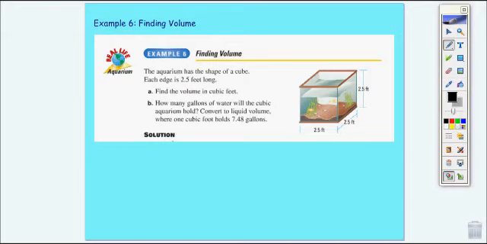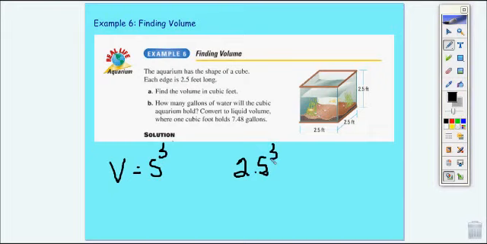We would cube the side. What they're telling us here is that volume equals the side cubed. Each side is 2.5, so we're going to say 2.5 cubed.